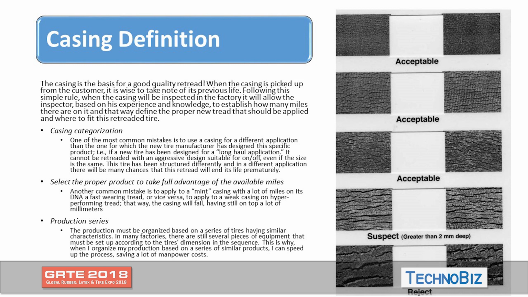Ozone cracking is shown here in this part of the video, and sometimes you see ozone cracking with this aspect, and still we are using this casing with a very high performing tread, and it will surely give you a failure along the road. Next slide, please.